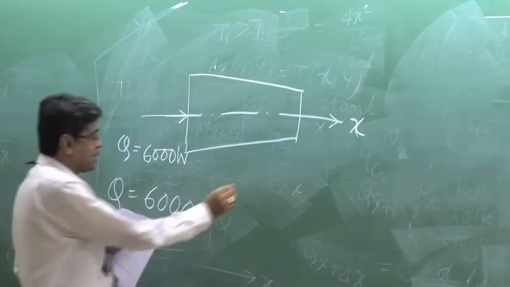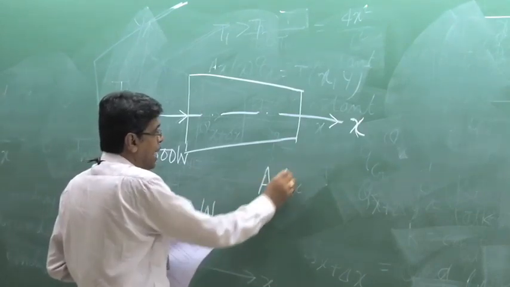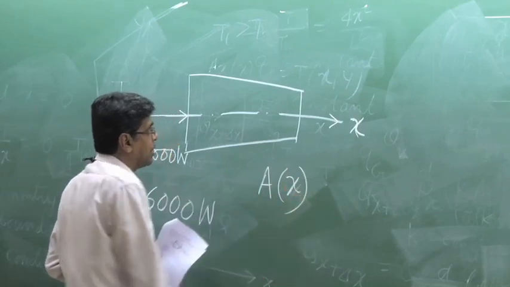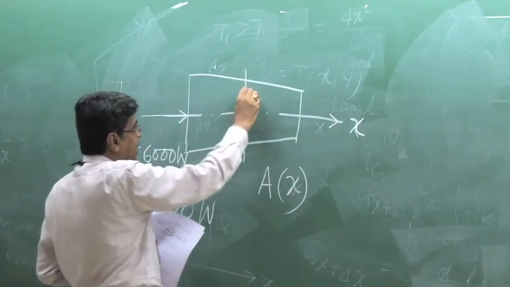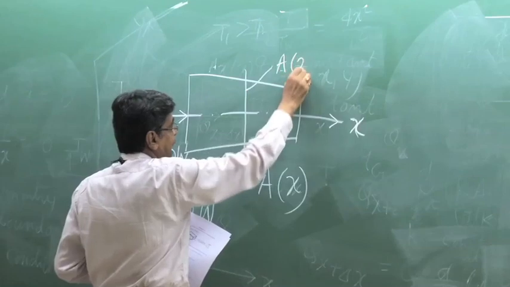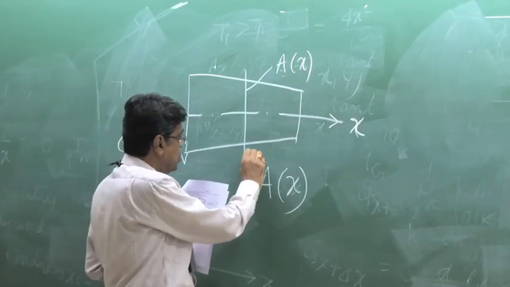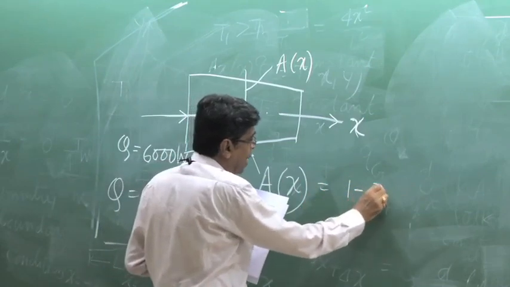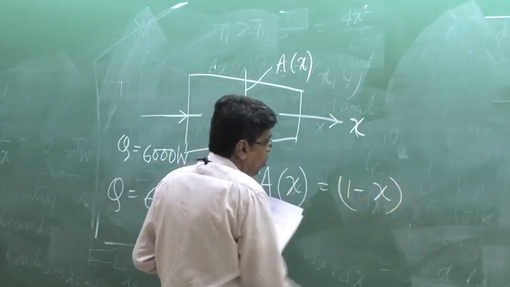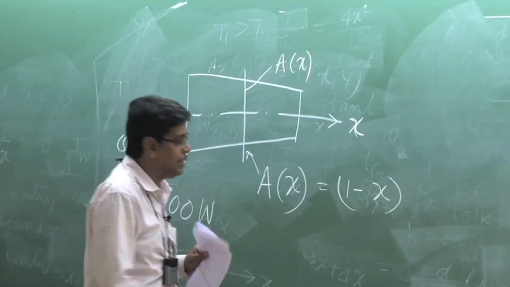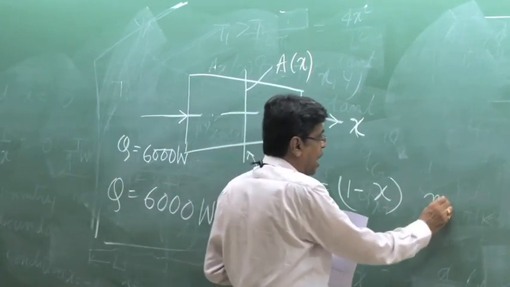Now A(x), here they are writing like that, A as a function of x. That means any cross sectional area, this is A(x), which is given by 1 minus x, where x is in meter and this is in meter square. How?